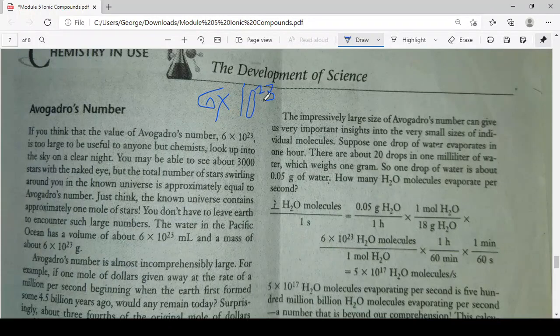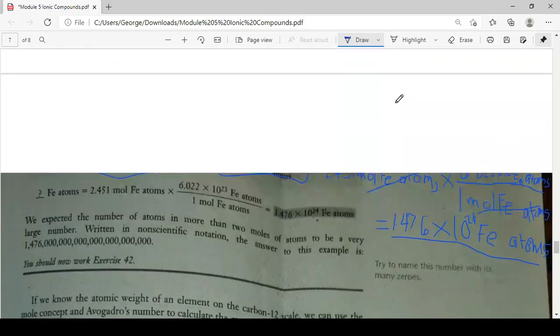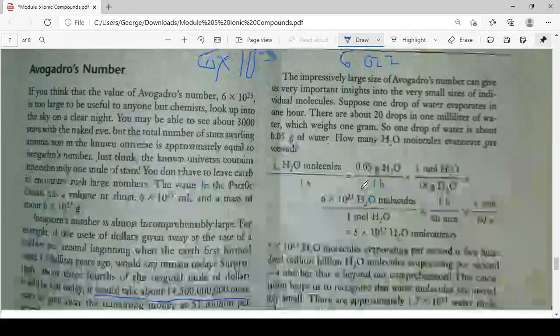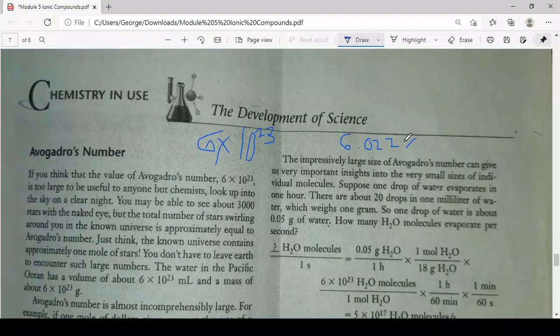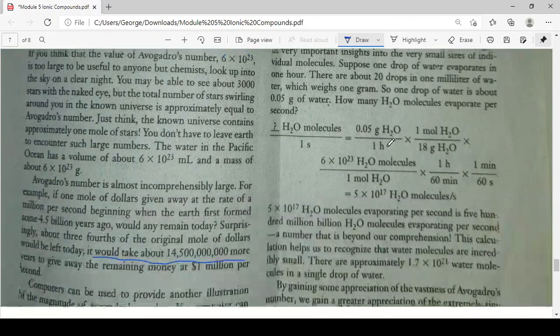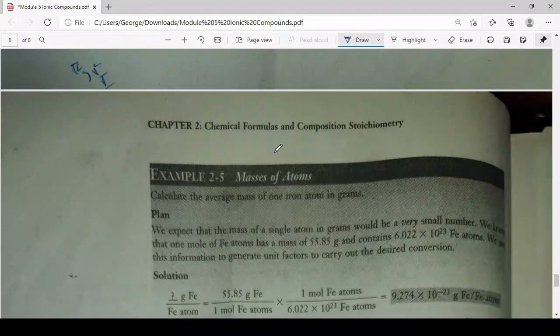In essence, it is used in solving, for every one mole, you have 6.022 times 10 raised to the power of 23 for every molecule that the substance has. Because this number is very long, it is more than a trillion.